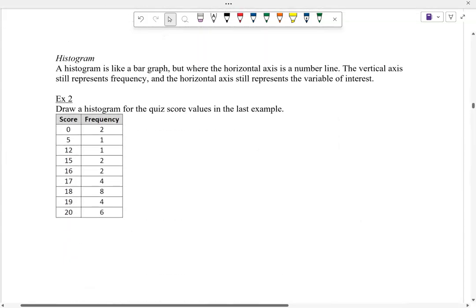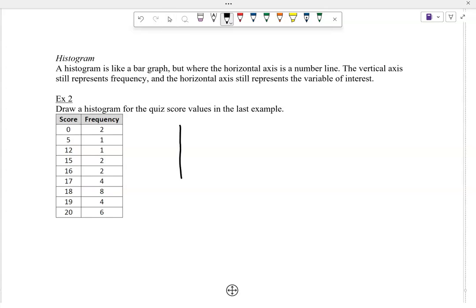So what is a histogram? It's like a bar graph, but your horizontal axis is a number line. Okay, that's the difference with a histogram. The vertical axis still represents frequency. So for this data, what you would do, you still got your frequency over here, 1, 2, 3, 4, 5, 6, 7, 8.